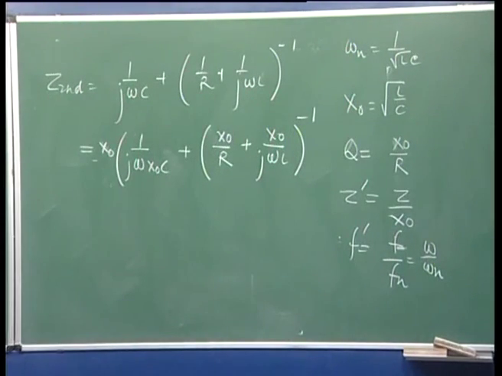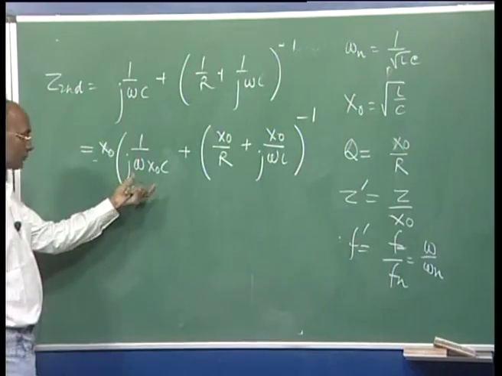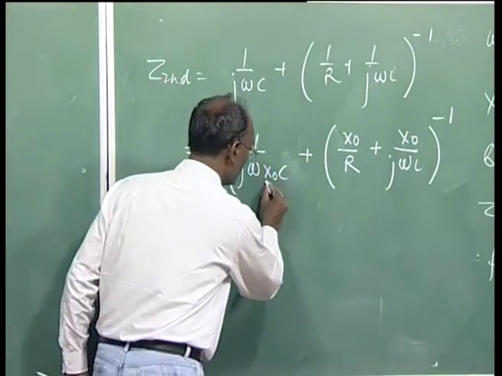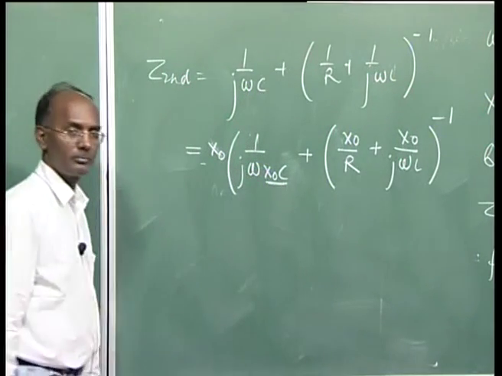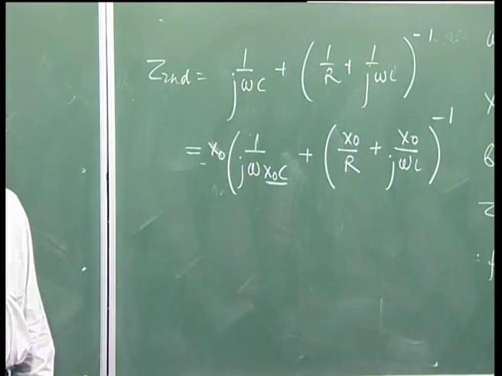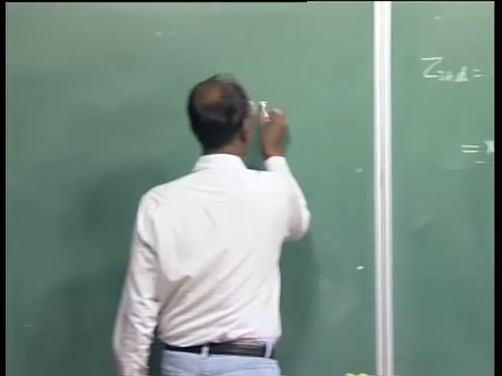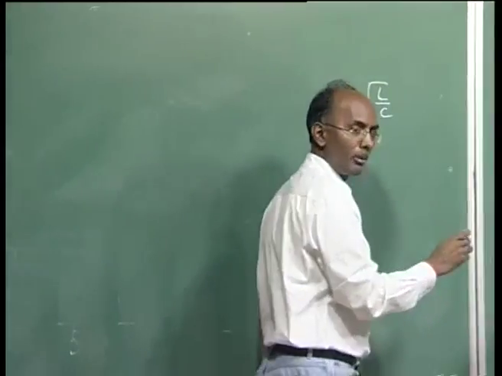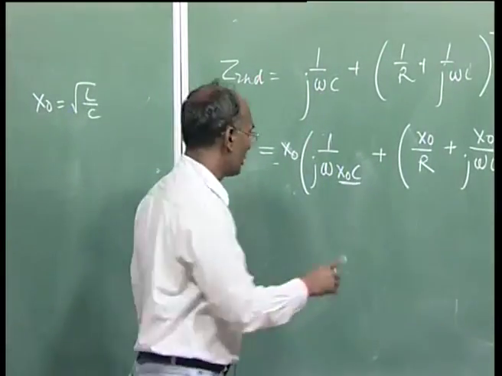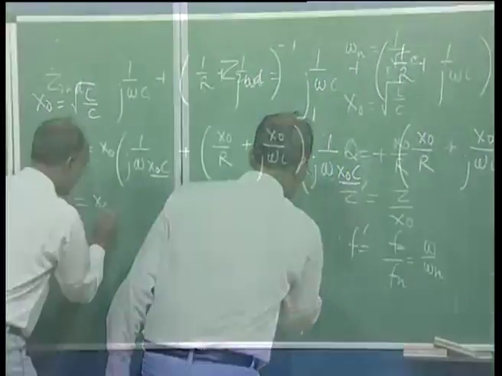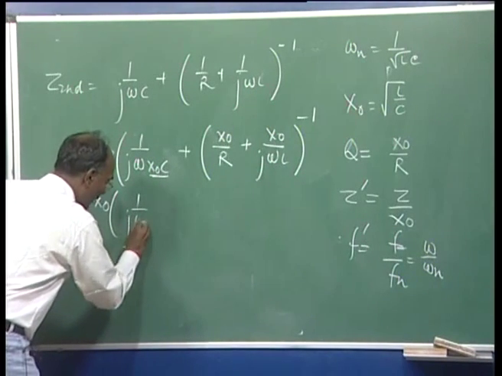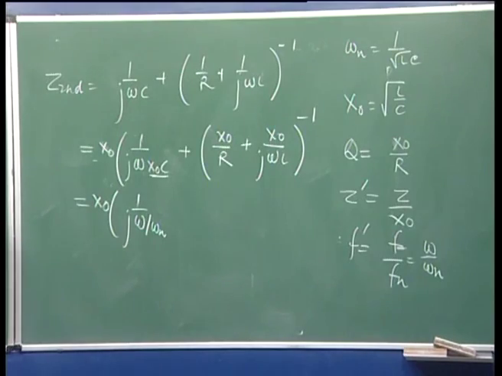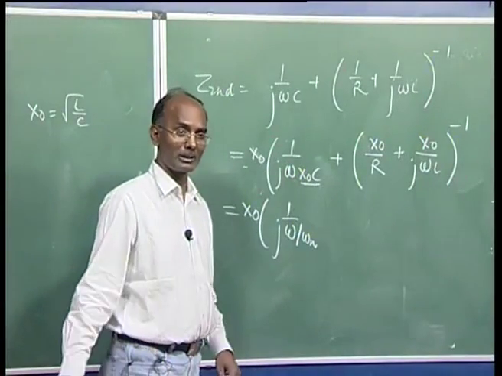I can write this. Now, see what is this? This value X naught C, this X naught is root L upon C, yeah, it will be 1 by omega n. So, what happens is, it is X naught 1 over j omega divided by omega n. Now, I should be very careful because last time you did not notice and I made some mistake.